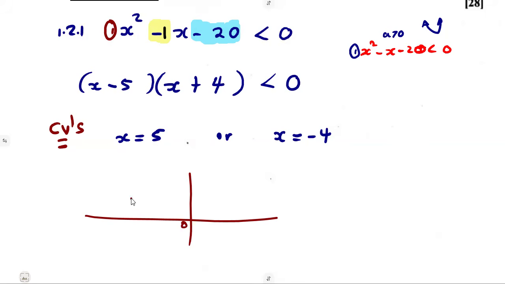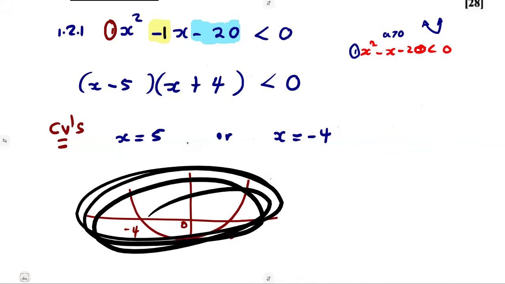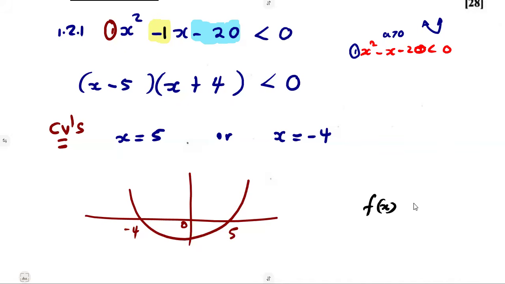That is just a sketch. Let's say this is minus 4, this is positive 5. The solutions we're going to have are such that they are supposed to be less than 0. Meaning, if you consider this function, f of x, we are saying f of x must be less than 0.